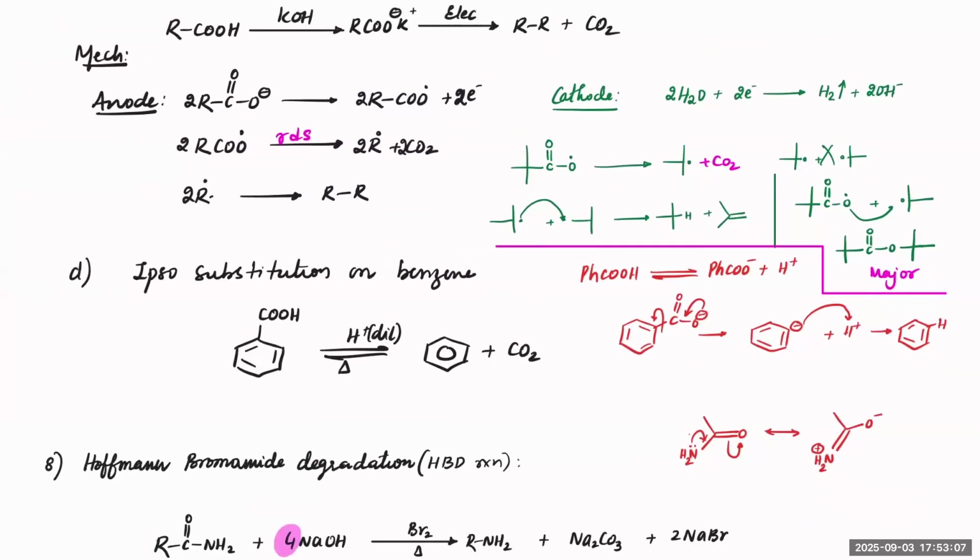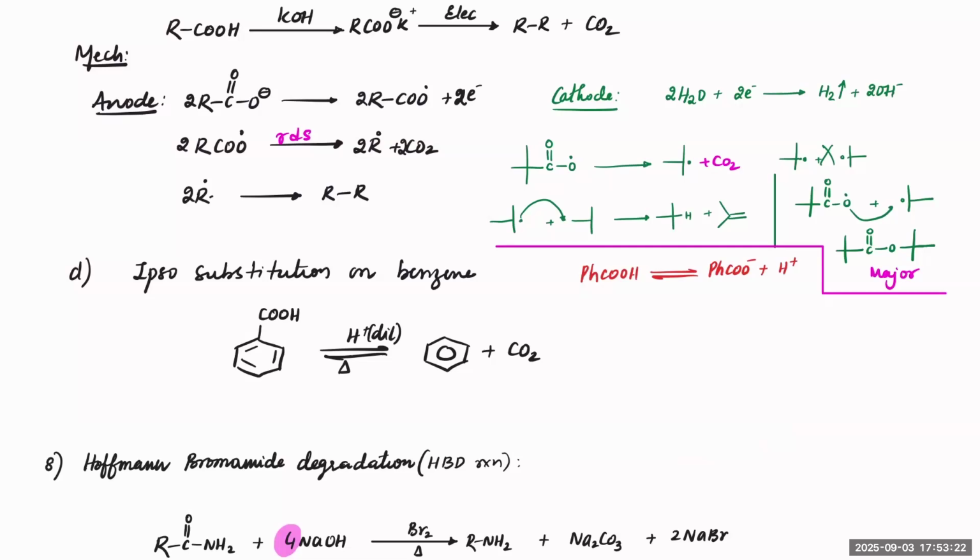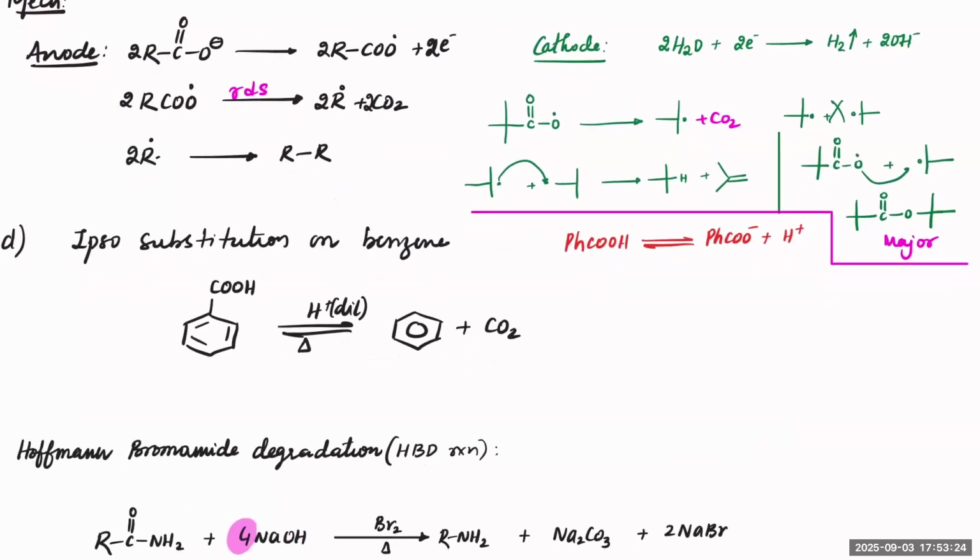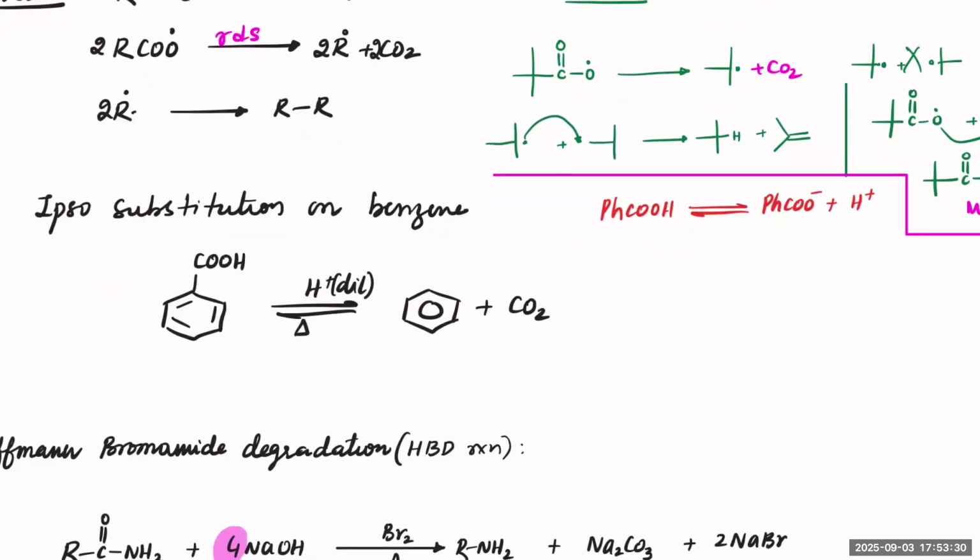Next is ipso substitution. Okay, let me rewrite this part, this was a little wrong. Ipso substitution is removal of sulfur dioxide, sulfuric acid or the COOH group on benzene.